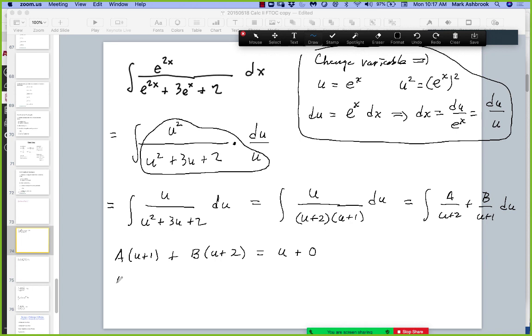The coefficients of u are a and b, so a plus b equals 1, and a plus 2b equals 0.